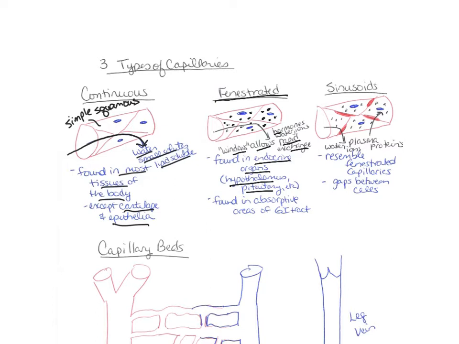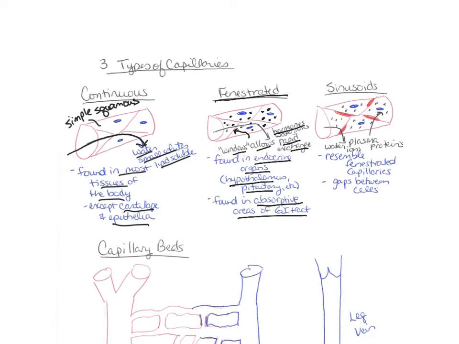We need hormones to get out of those blood vessels or into those blood vessels as quickly as possible. And they're also found in absorptive areas of the GI tract. When you eat, the nutrients have to get into those blood vessels as fast as possible, and so they can go through those fenestrated capillaries that have these windows.